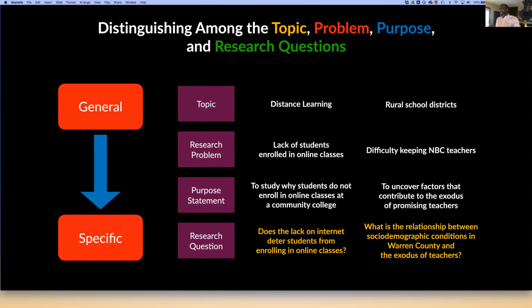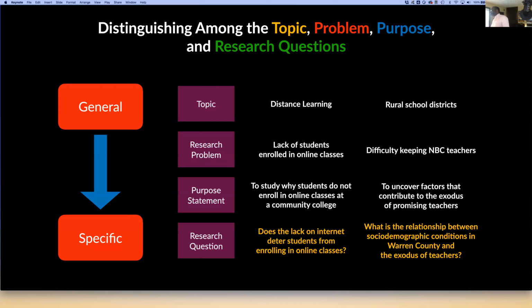You'll sometimes get all four questions. They'll keep asking you questions until they get to what your research question is. Generally, people ask you what your dissertation was about, and they stop at topic. But then some folk will ask, what was the issue there? And in this case, it's difficulty keeping nationally board certified teachers.